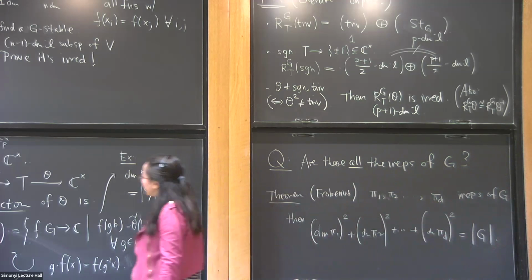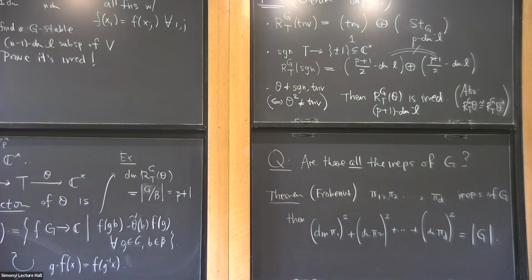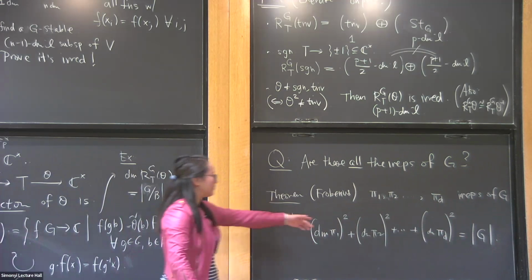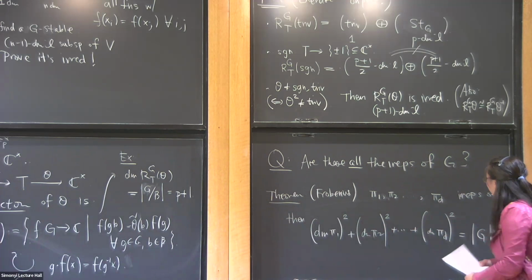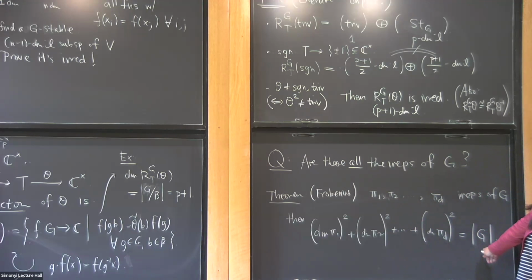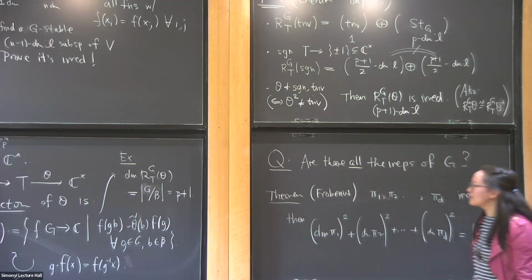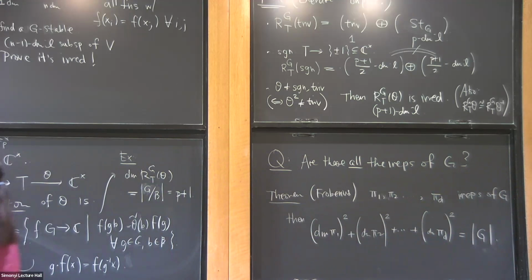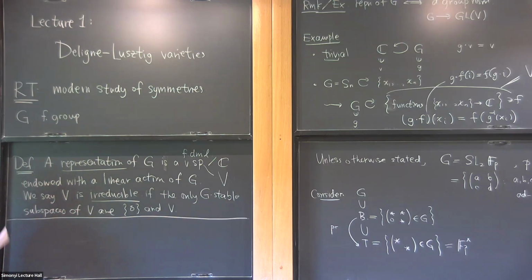And there are lots of really cool arithmetic things about the behavior of these dimensions. For example, the dimension of any of these has to divide the order of the group G. Definitely not obvious.